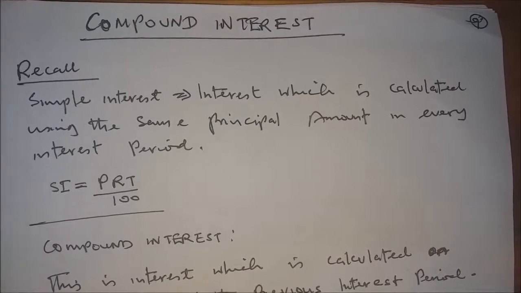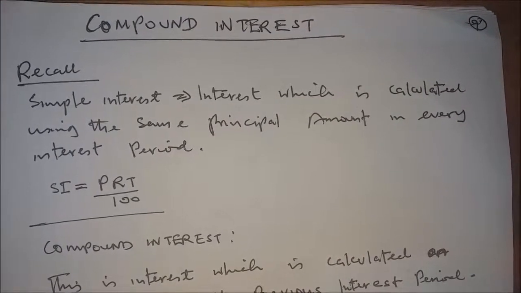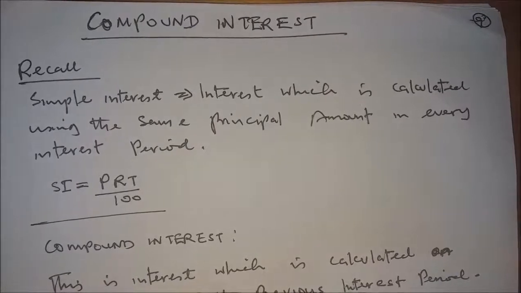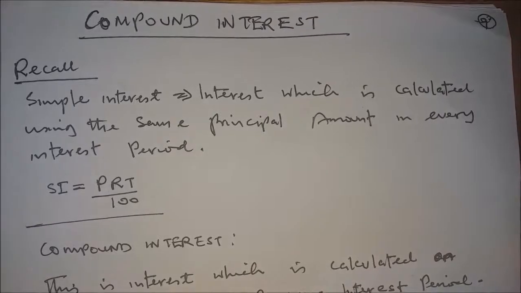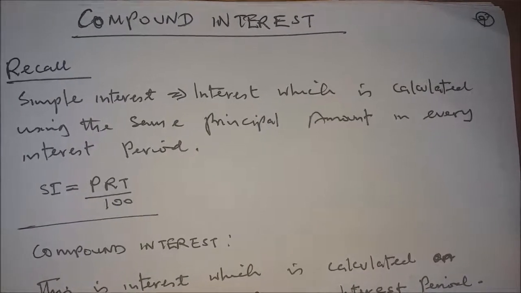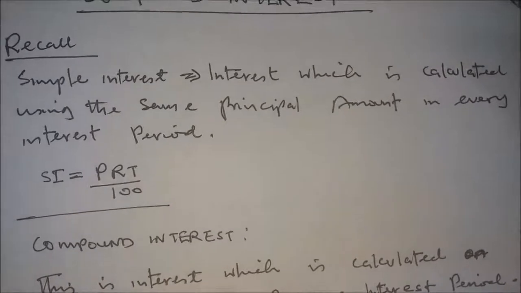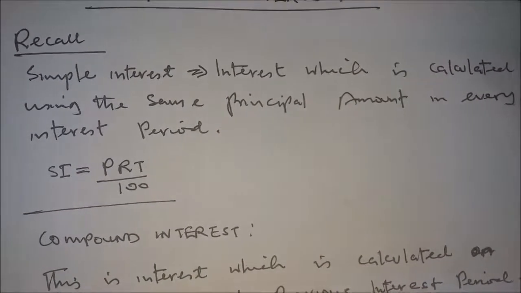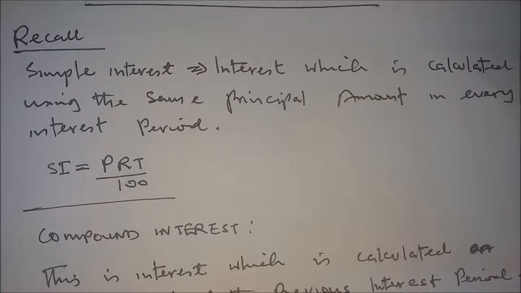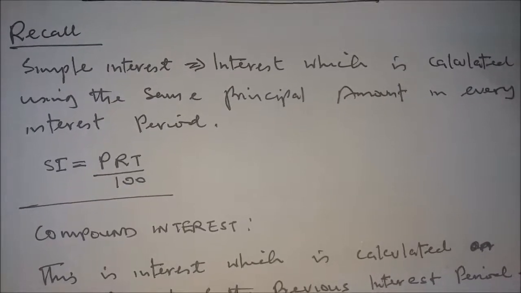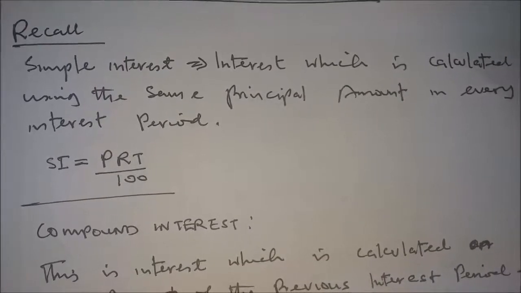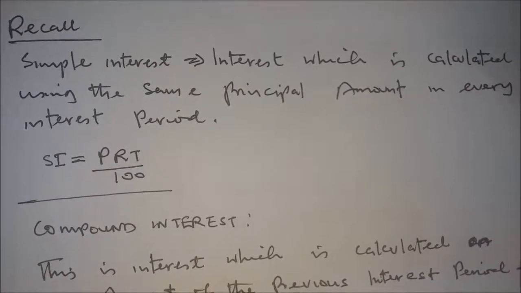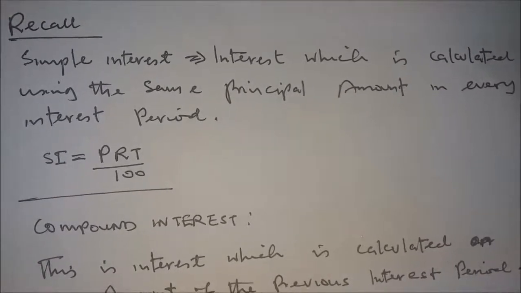Recall simple interest, which we dealt with in our previous lessons. Simple interest is calculated using the same principal amount in every interest period. What that means is, if we have a total interest period of 2 years and that interest is computed every year, then the same principal sum is used to calculate interest for year 1 and the same principal sum is used to calculate interest for year 2.